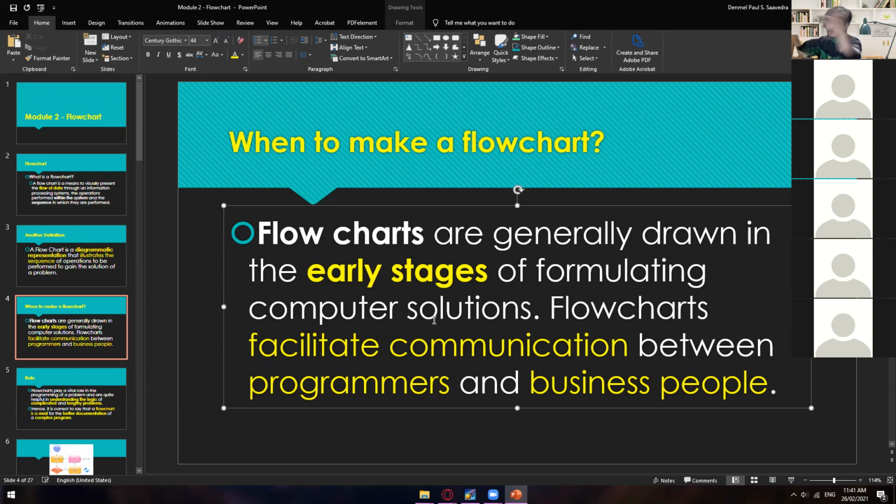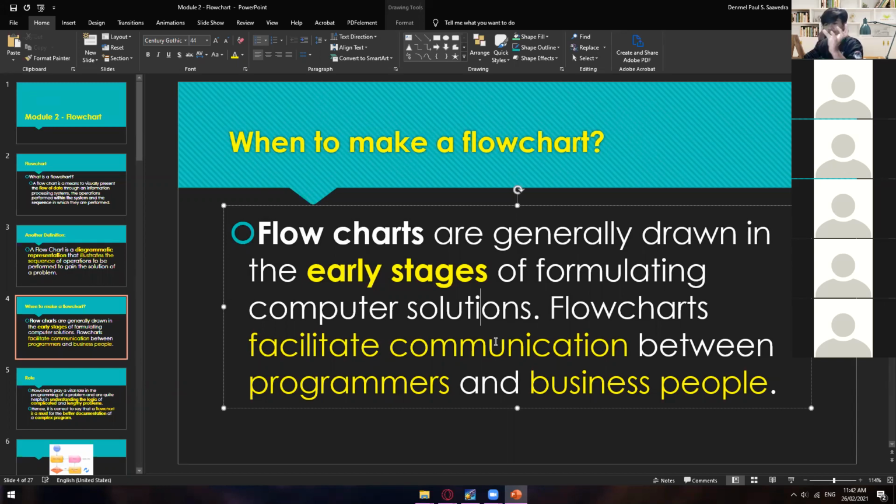Then from there you can combine those three and check whether they are really going along with each other. You can also do that once you're done with your system. For example, you want to have a step-by-step process on how your system works, you can also do that.